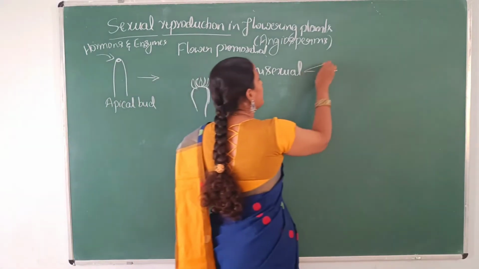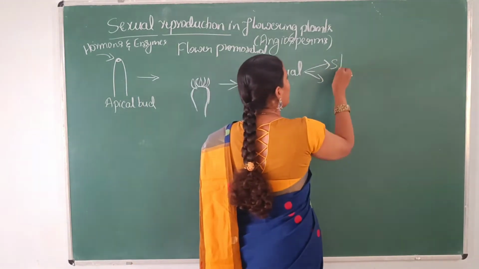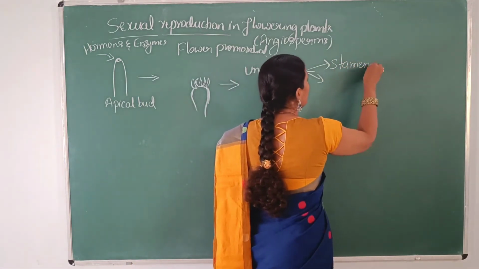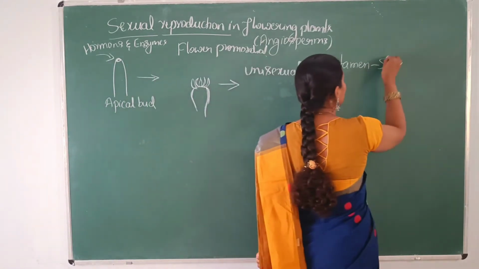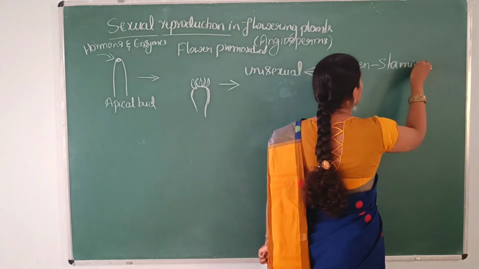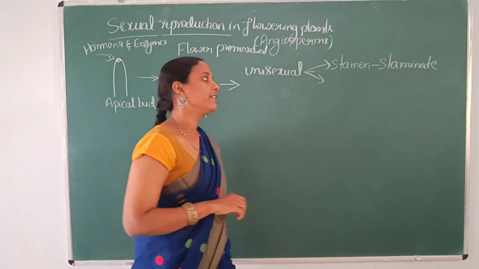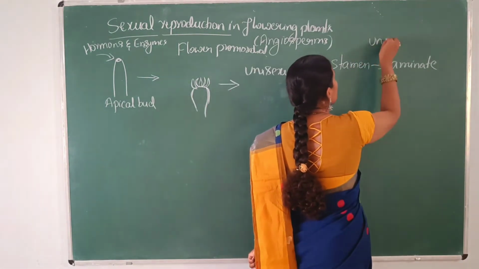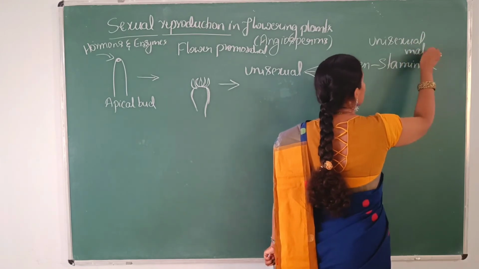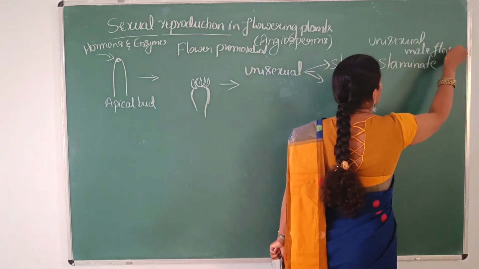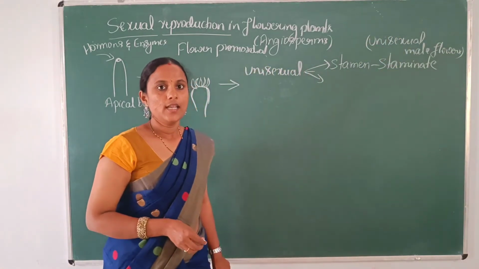If there is presence of only stamen, then it is called a staminate flower. In short, we can define staminate flowers as unisexual male flowers. Unisexual male flowers are called staminate flowers.